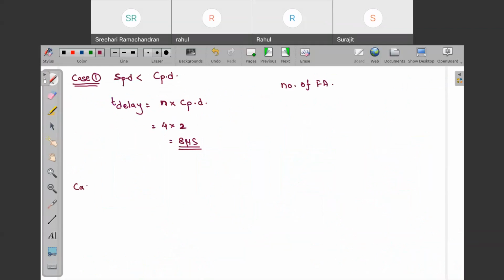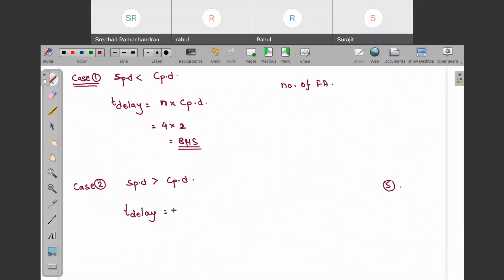Now, if I want to write over here, case 2: when sum propagation delay is greater than carry propagation delay. So T delay means what? The time after which we get the complete output. That is coming out to be 5 microseconds.